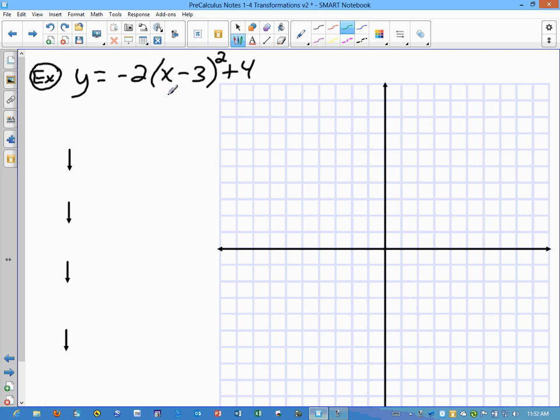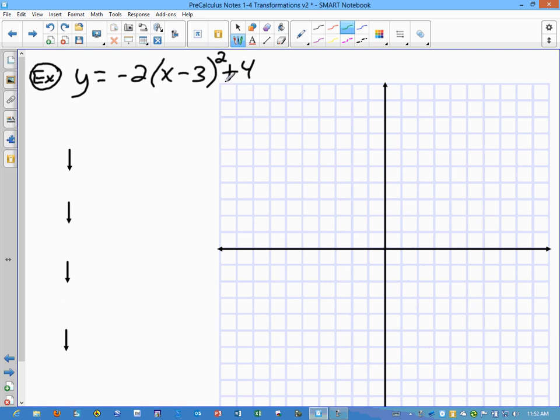Well, if x is 3, then the inside is 0. If you can't see that right away, then you simply take whatever the expression is on the inside and set it equal to 0. You have x minus 3 equals 0 and solve that equation algebraically.